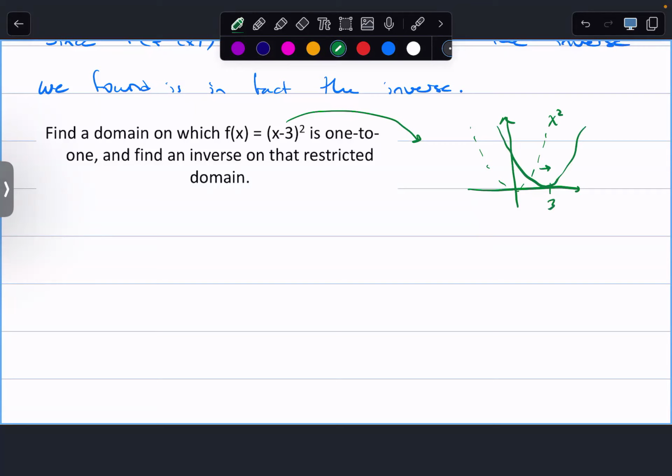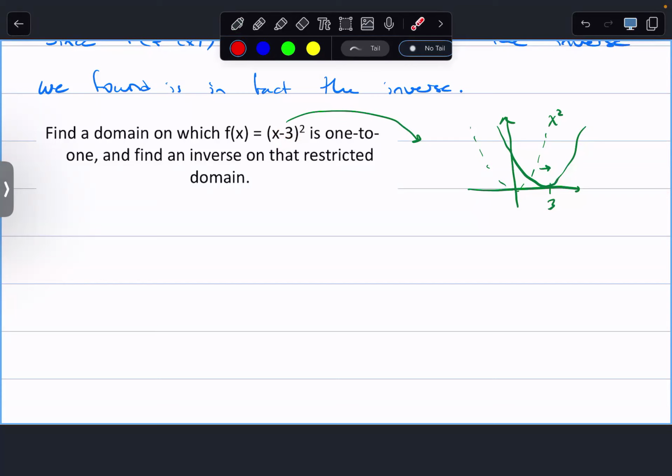We'll confirm by graphing it in Desmos, right? But this is what we need to be able to visualize without Desmos. It's nice to confirm, but with a nice itty bitty function like this, recognize what the root function is, x squared, and then the manipulations that have been made to it: move to the right by 3 units. That's going to help us visualize the domain.